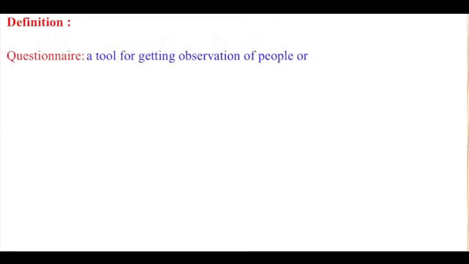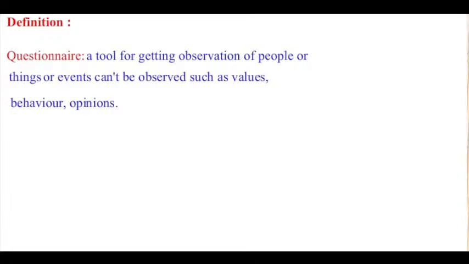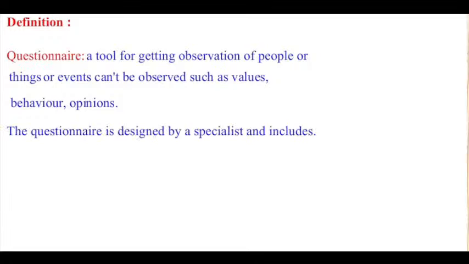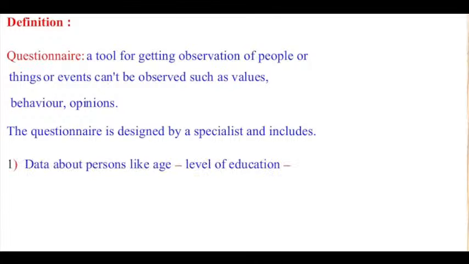Definition. Questionnaire. A tool for getting observations of people or things or events that can be observed, such as values, behavior, opinions. The questionnaire is designed by a specialist and includes, number one, data about persons like age, level of education, gender, employment. 2.